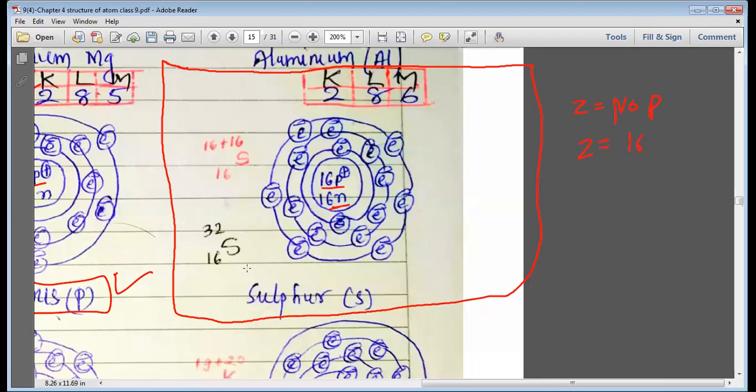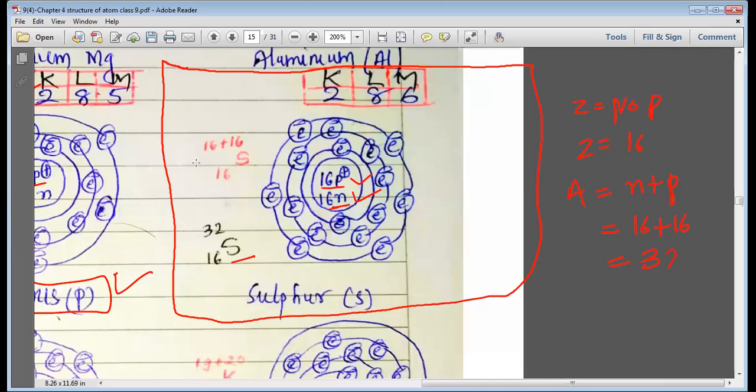The symbol of sulfur is S, my dear students. And then if you want to calculate the atomic mass number, that is the number of neutrons plus number of protons. You can see that it has got 16 neutrons, and it has got 16 protons. So in total, if we add up, it turns out to be 32.